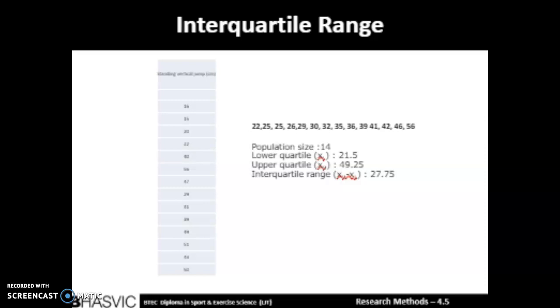Q2 is the median value in the set. Q3 is the middle value in the second half of the rank-ordered dataset. And the interquartile range is equal to Q3 minus Q1, which for us was 27 and 75, so we found the range between this, which is 48, so this was the answer for the interquartile range.